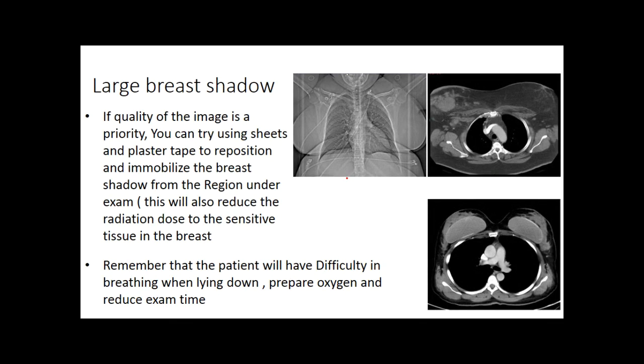Or in some situations, they even use plaster. Okay? It's a very sensitive procedure or situation, but if you speak with the patient and try to explain to them why it is important to reposition the breast shadow, they will cooperate with you.